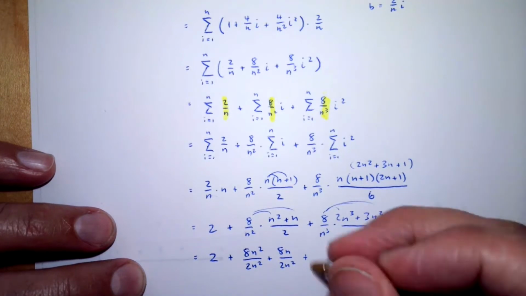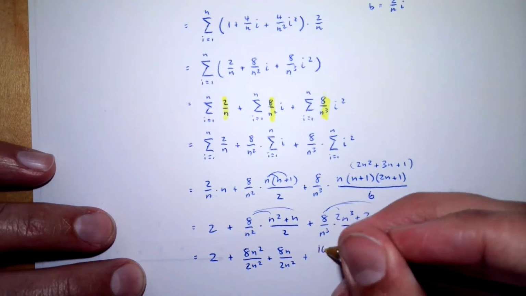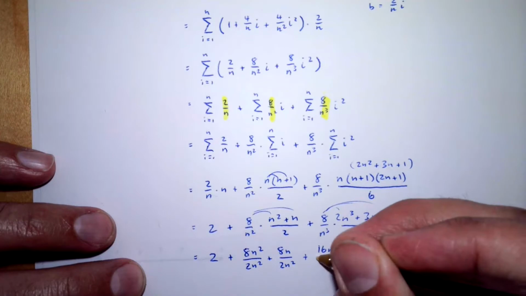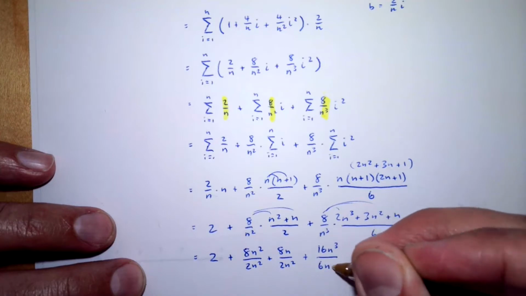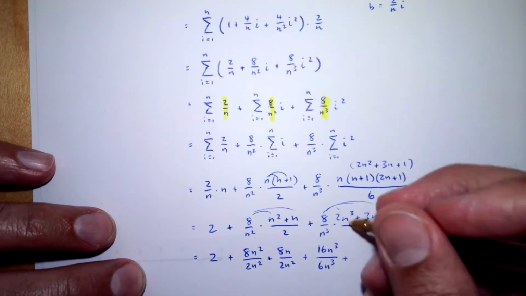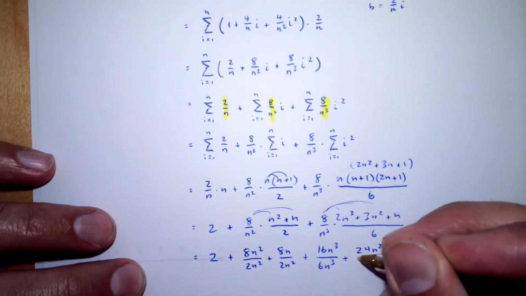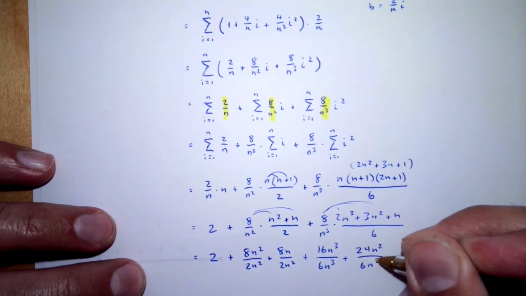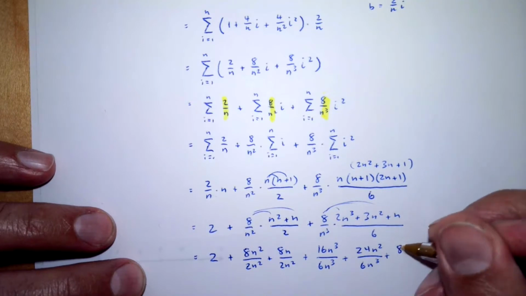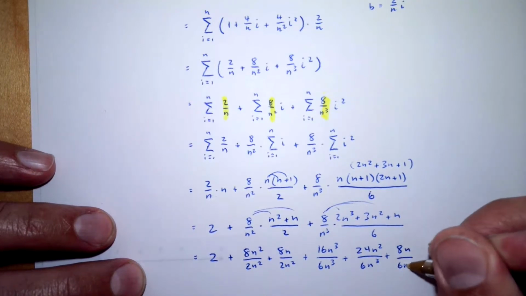I've got 3 different fractions here. So 16n cubed over 6n cubed plus 24n squared over 6n cubed plus 8n over 6n cubed.